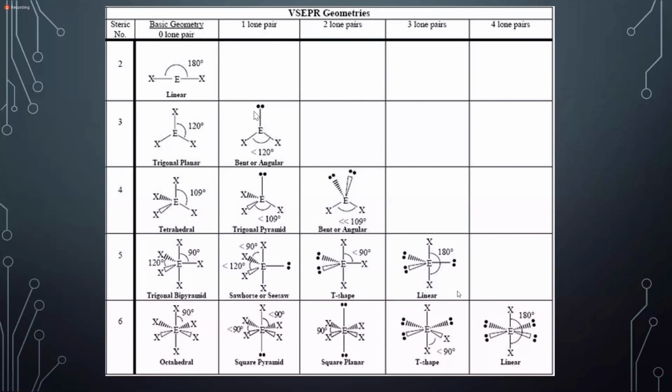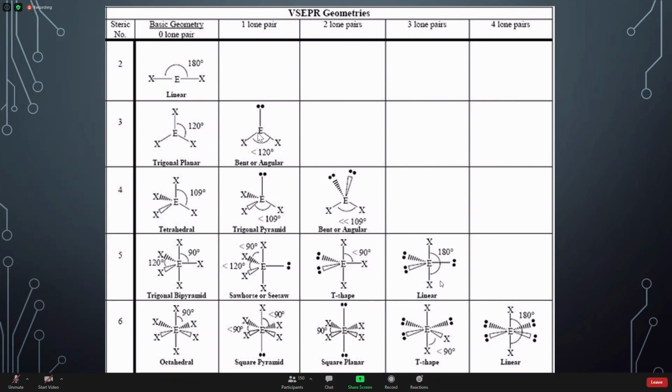Oh, so you're saying if it's basically this shape, you wouldn't be asked to draw an electronic geometry if the question asks for molecular geometry. So then you would just draw this bent structure without the lone pair, or attaching the lone pair right here to the E without the bond. Does that make sense? Yeah. Okay, awesome.